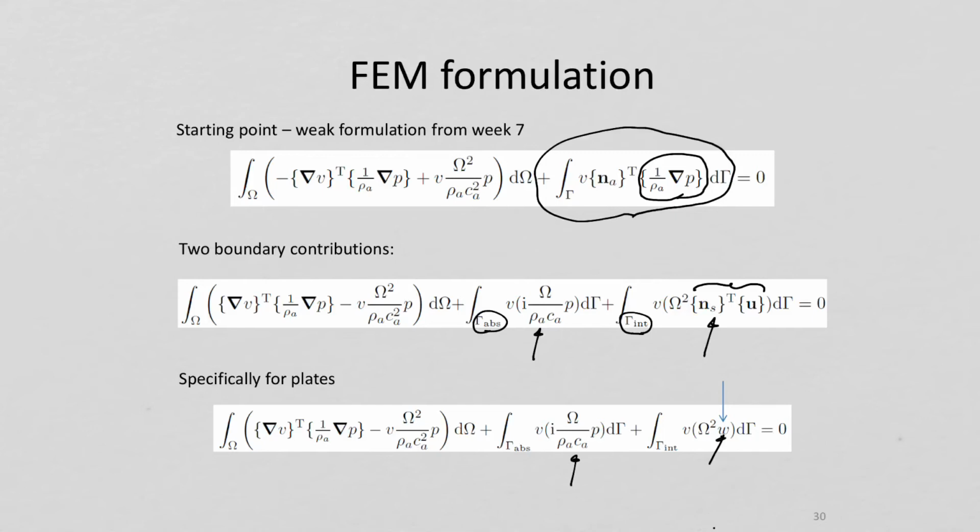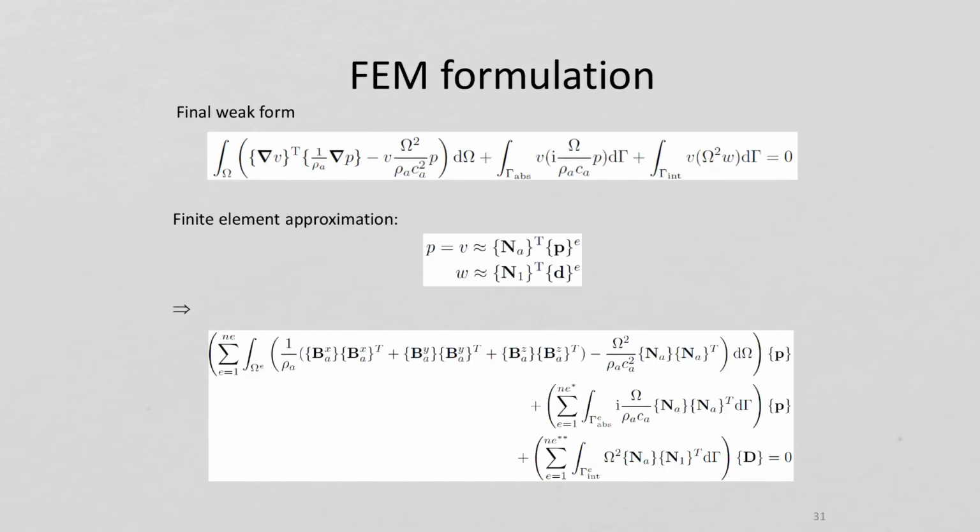So this is specifically for plates that we can simplify this product. So now we get the final weak form here with the two boundary terms that do not vanish. Insert the finite element approximation.